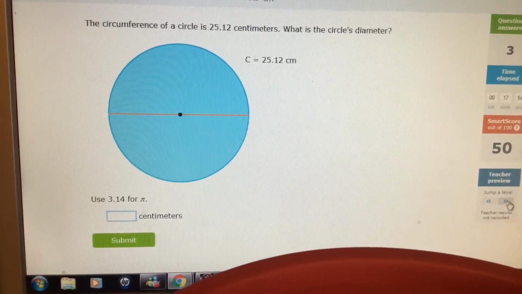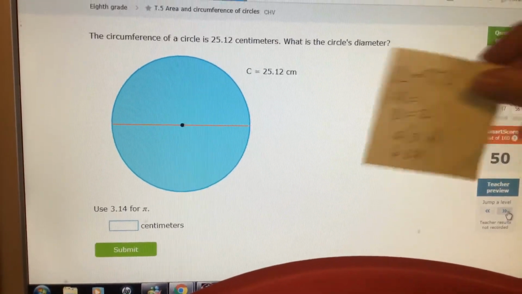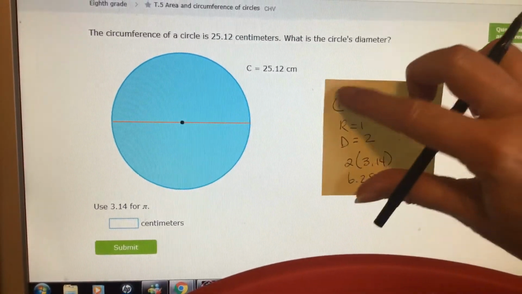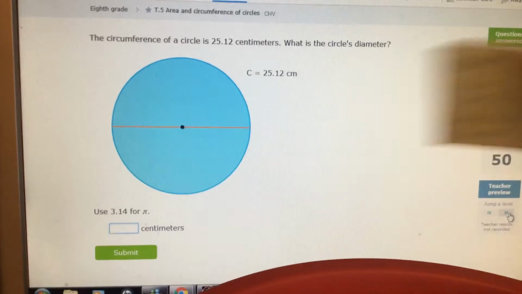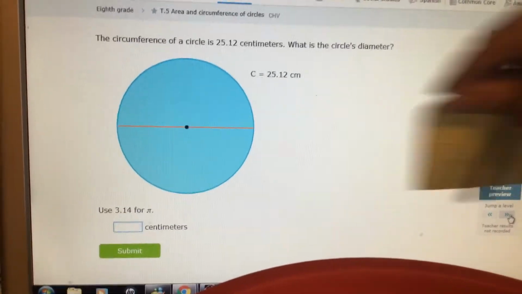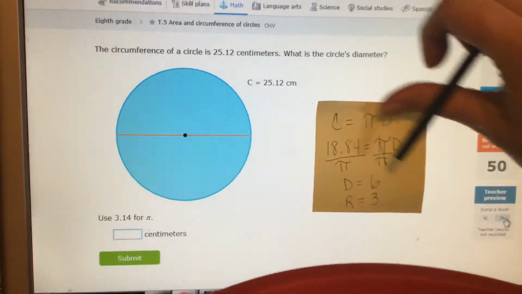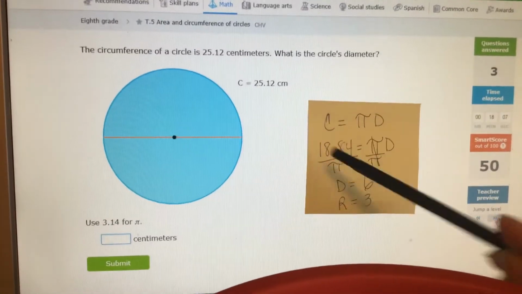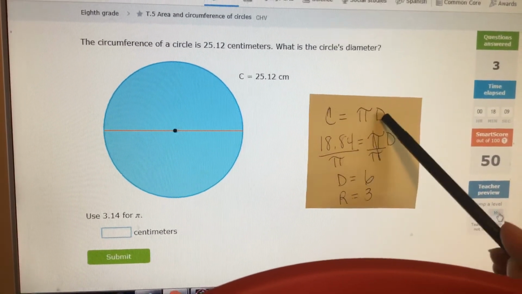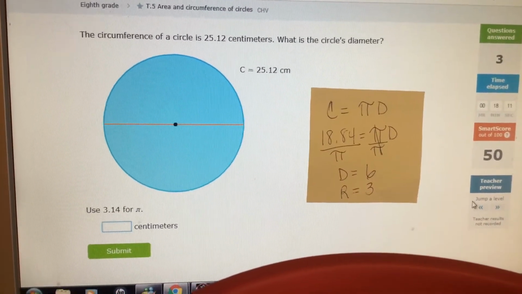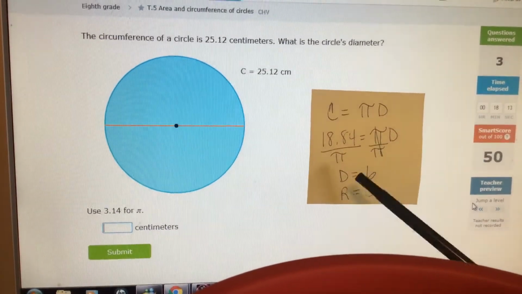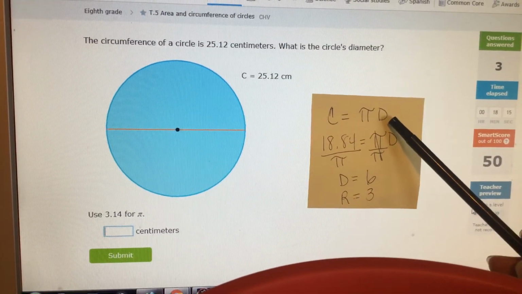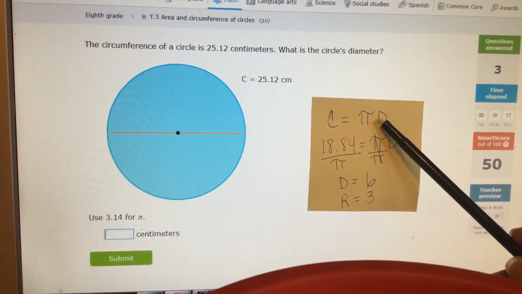So what I would do is I write down the information that we always do. And I remember, okay, circumference is equal to pi times diameter. But I don't know what the diameter is. So how do I figure it out?